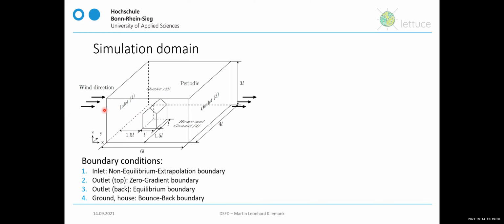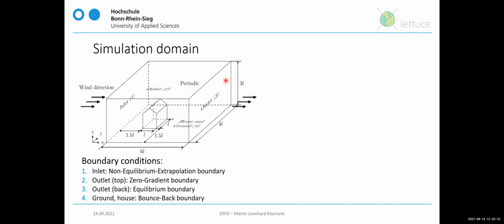Then the flow passes by the house and can leave either to the top or the back of the simulation domain. On top, we have a zero gradient boundary, mostly for its compatibility with the neighboring boundaries, and that's supposed to simulate the open atmosphere above.